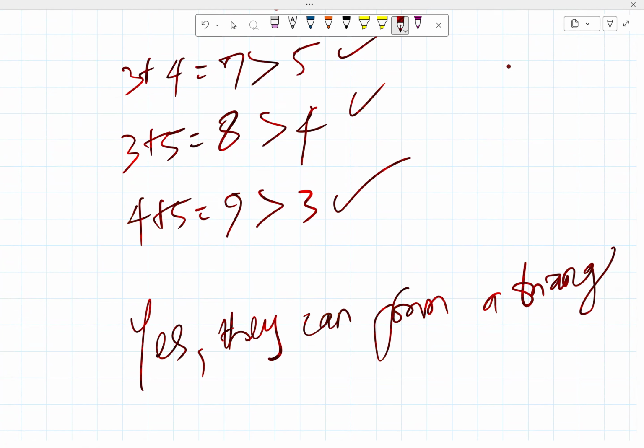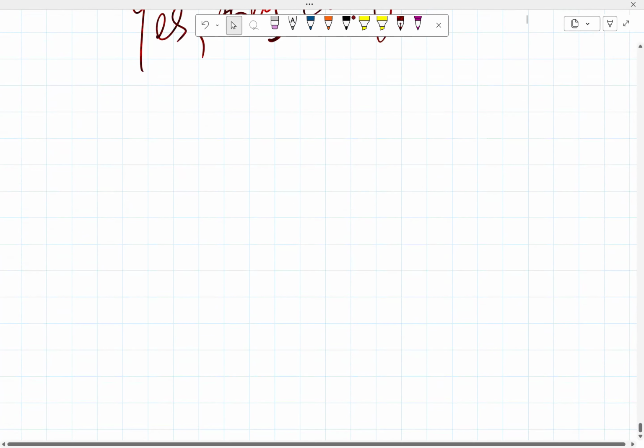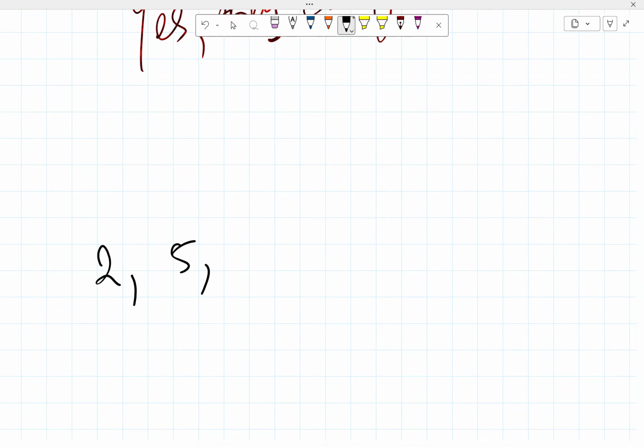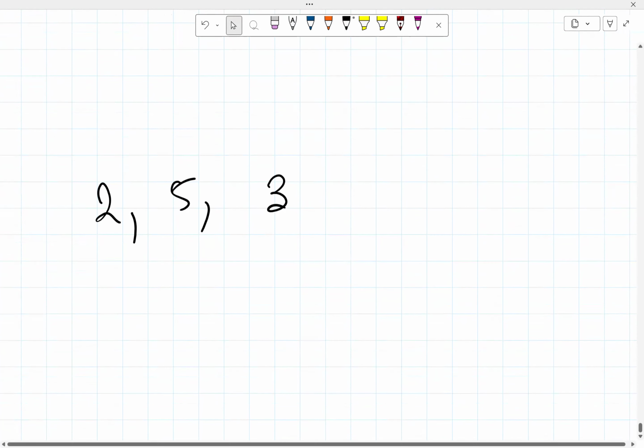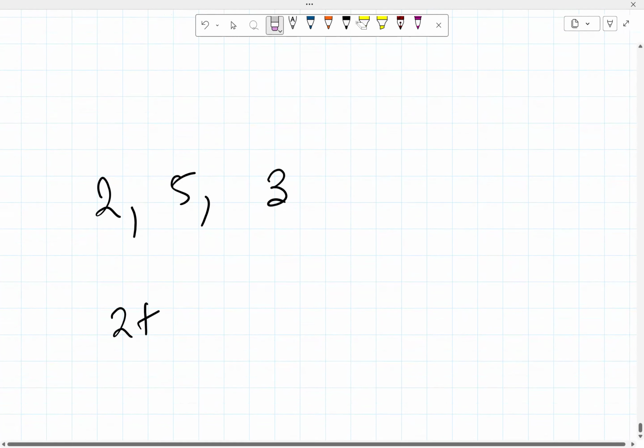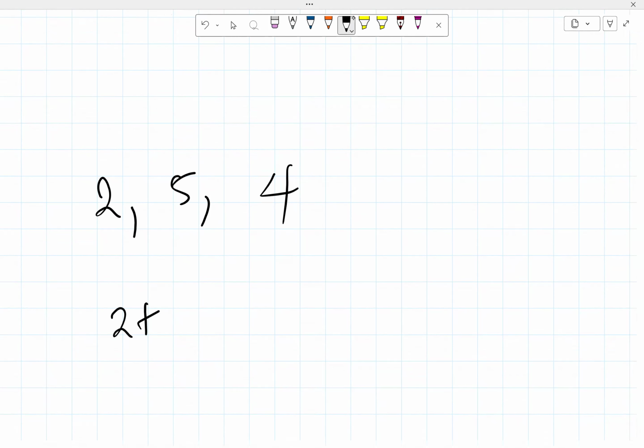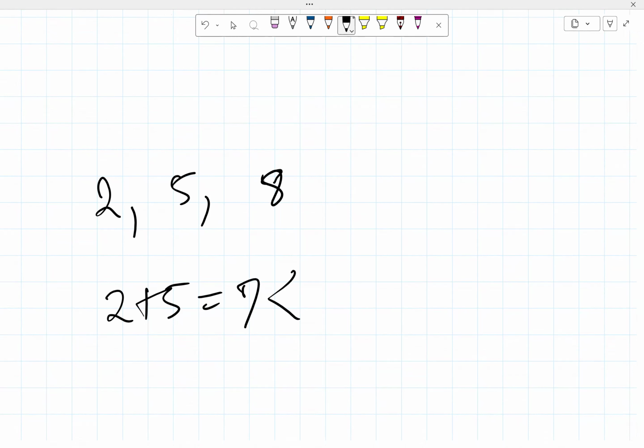Now I'm going to pick three random numbers and see if the same is true. Let me pick 2, 5, and 8. So 2 plus 5 is equal to 7, and that is less than 8.